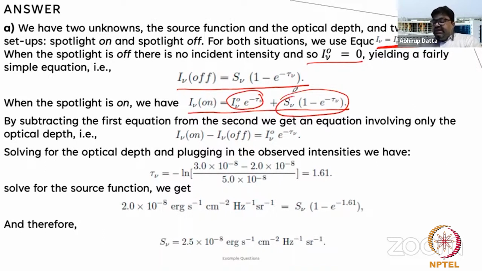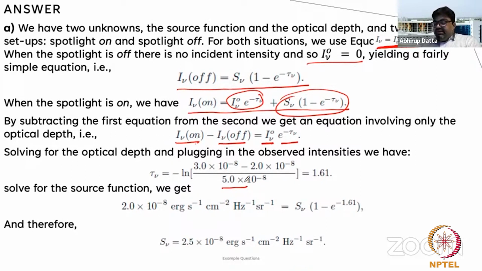If I subtract the two equations, you suddenly get an expression with I_ν on, I_ν off, and I_ν0 e^(−τ). If I plug in all of those values, when it goes on, it is 3. When it goes off, it is 2. And I_ν0 is basically the original one, which is equal to 5.